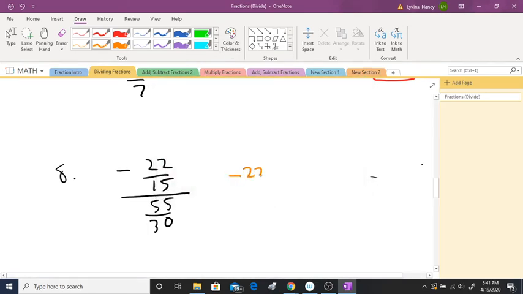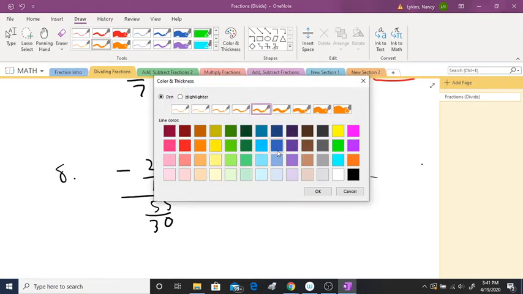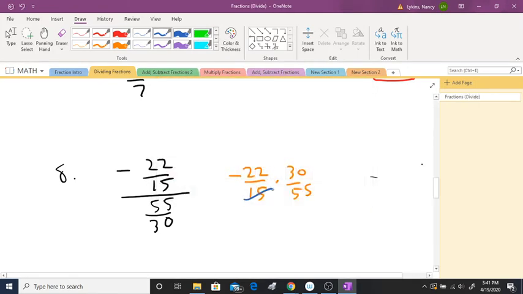I'm not going to do anything with the top, the numerator, but then I'm going to flip and make it 30 over 55. In this case, 11 goes into 22 twice. 11 goes into 55 5 times. So my answer is negative 4/5.